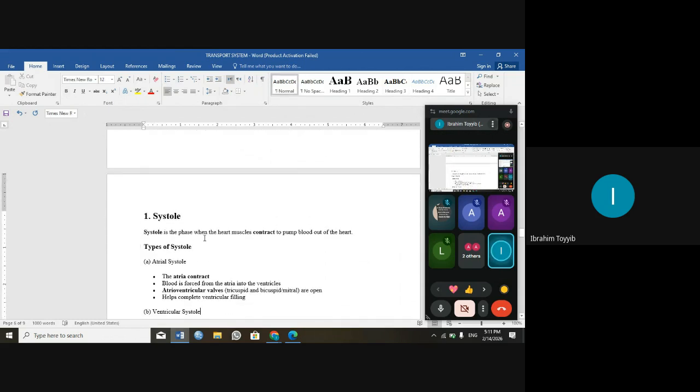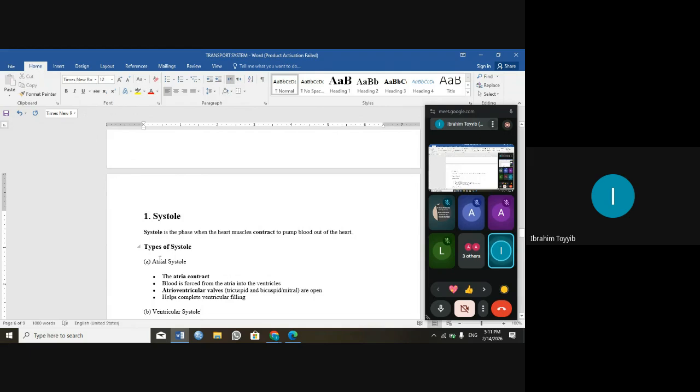Systole is the phase when the heart muscles contract to pump blood out of the heart. Whenever the heart muscle contracts, it pumps blood out of the heart.